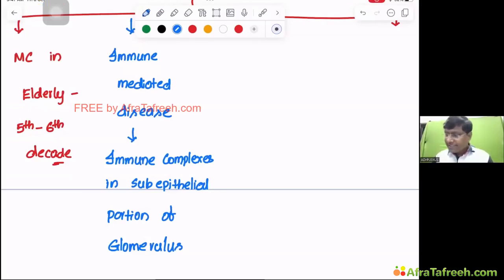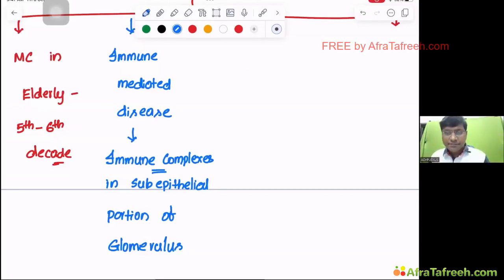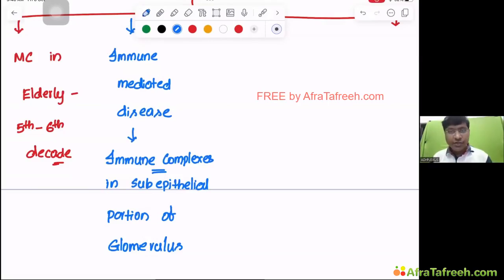We are discussing that it has immune complexes. Immune complexes means there should be some antigen, and to this antigen the antibody will be formed. That antigen-antibody complex will be deposited in the subepithelial portion of the glomerulus, resulting in membranous glomerulonephritis.